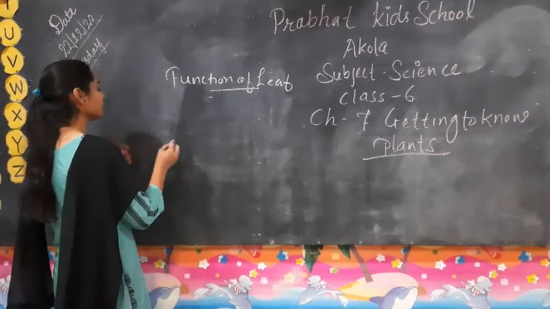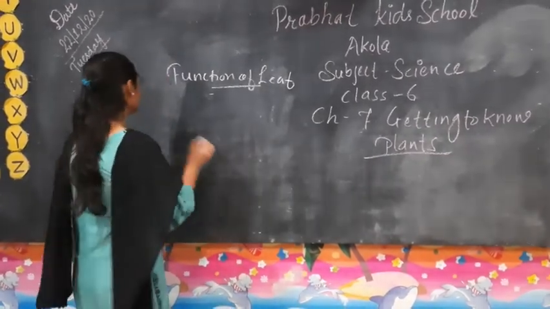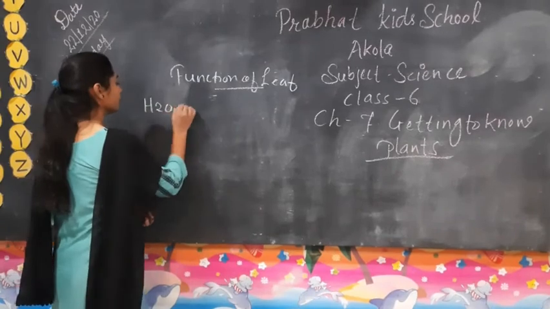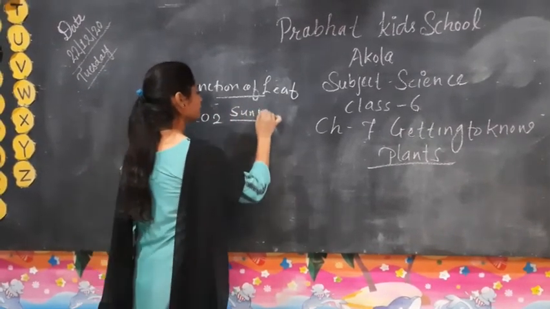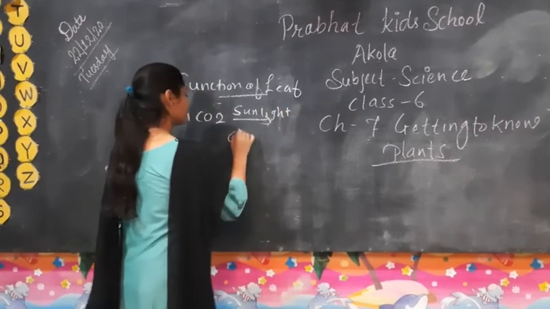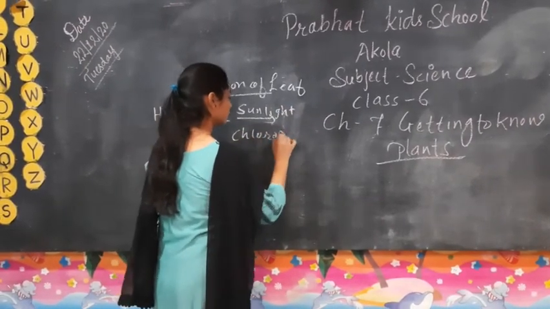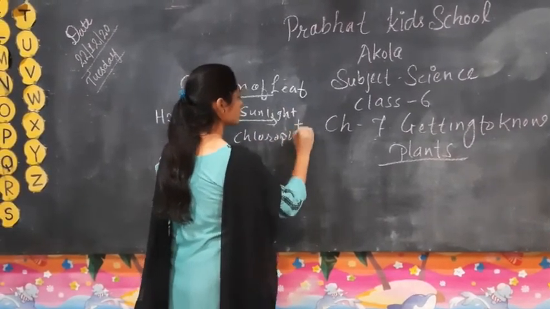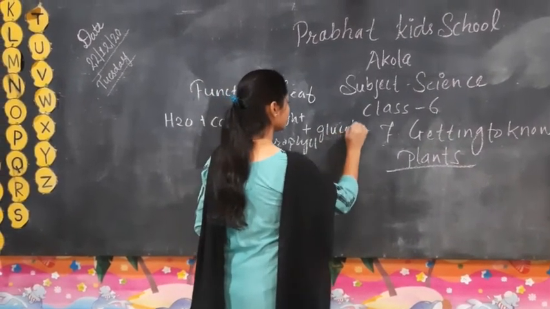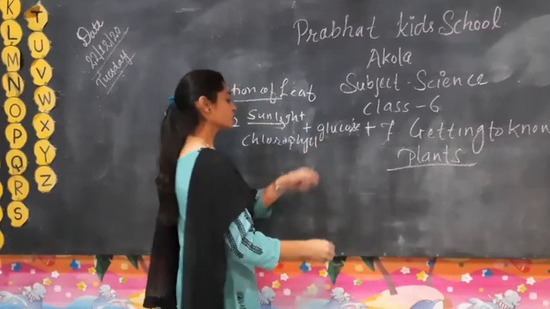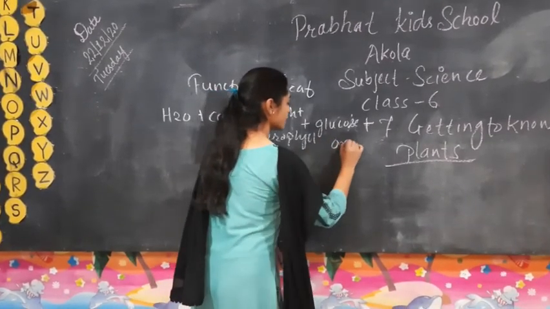Leaf prepares the food material using water and carbon dioxide in the presence of sunlight and chlorophyll. They prepare their food in the form of glucose. This is the simple glucose and they throw out the oxygen.